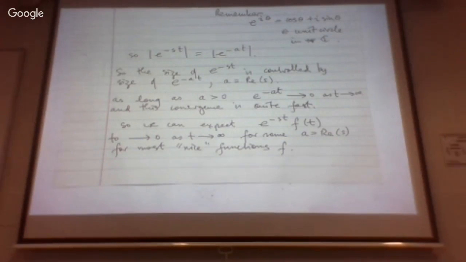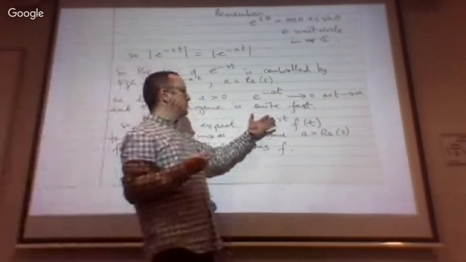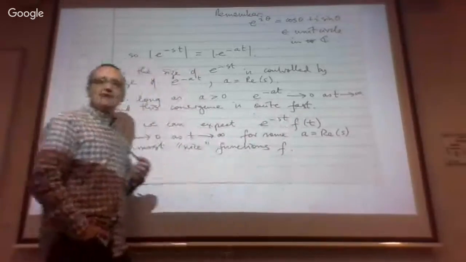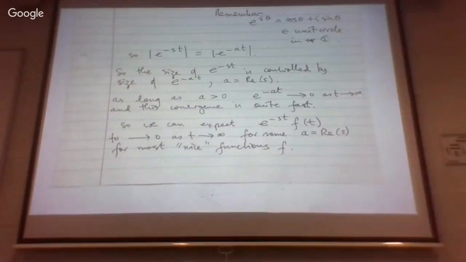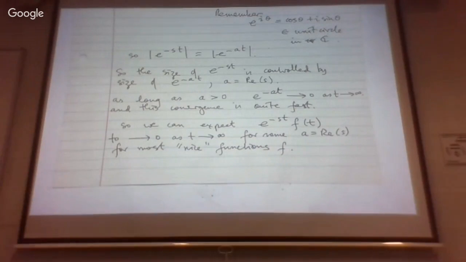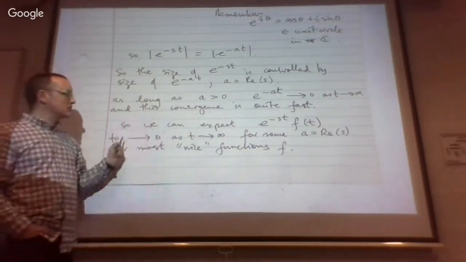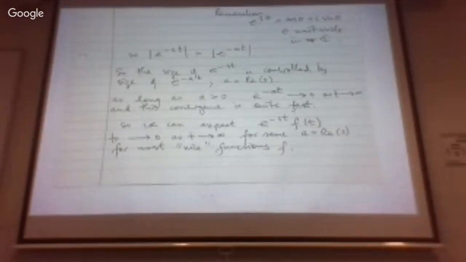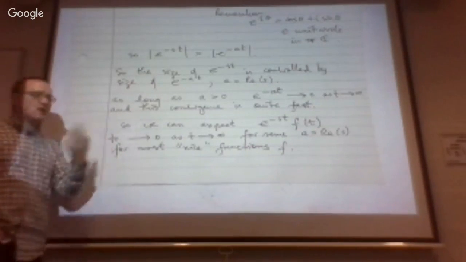Of all the standard functions we deal with, the exponential function increases very fast. So when you put e to a minus a positive argument, it's going to decrease very fast, converge to 0 very fast. So when we form this product of e to the minus st times f of t, in vague, non-specific terms, we can have a good expectation that that is going to converge to 0 as t tends to infinity, and it'll do so quite fast for some values of the real component of s, for most nice functions.